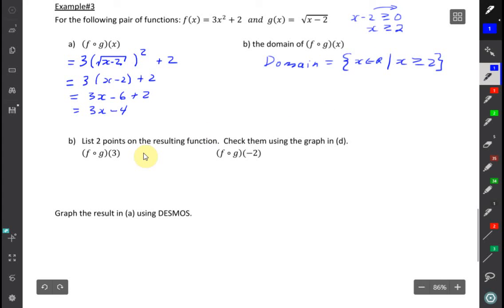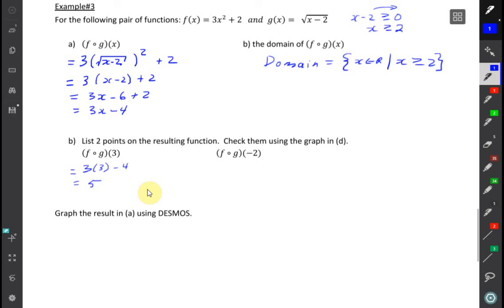Coming down to this value here, first of all, we're going to have to make sure and check that the input values we've been given fit the domain. So in this case, 3 is greater than or equal to 2. Subbing 3 in, we have 3 times 3 minus 4, which equals 9 minus 4, which is 5.